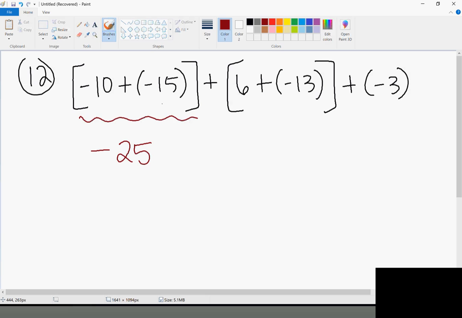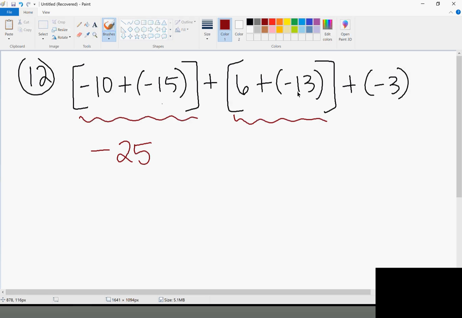All right? And so I don't need the bracket, because the bracket was only there to make sure we knew to do everything in that bracket first before we combine it with anything else. And same thing with this bracket, 6 plus negative 13.